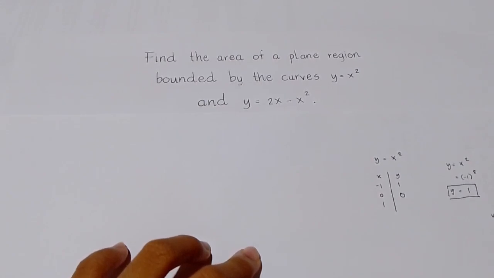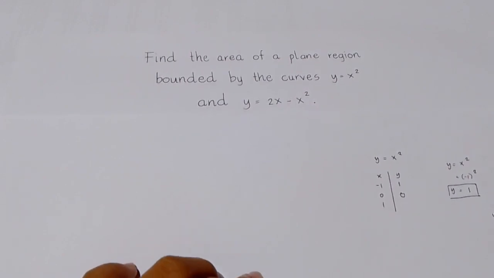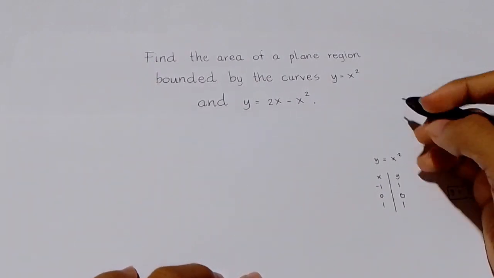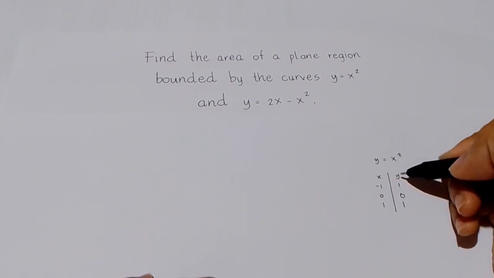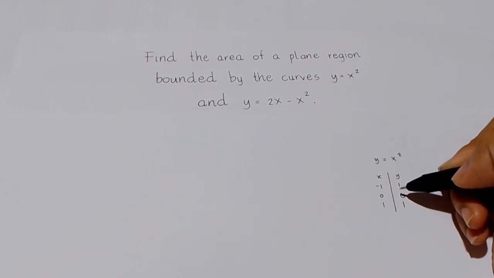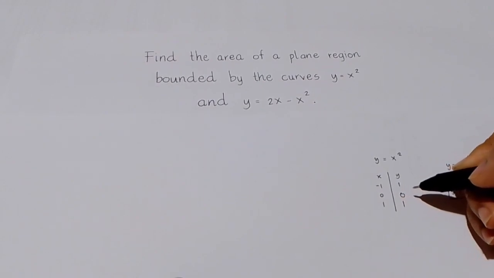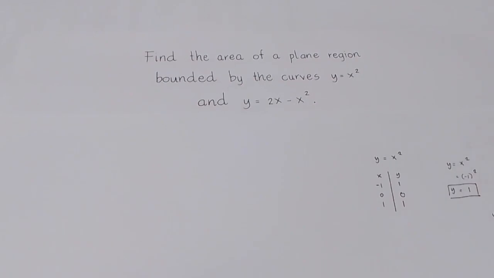So when x is +1, the value of our y is +1. So we have here x and y values. From these x and y values, let us point them in our Cartesian plane.